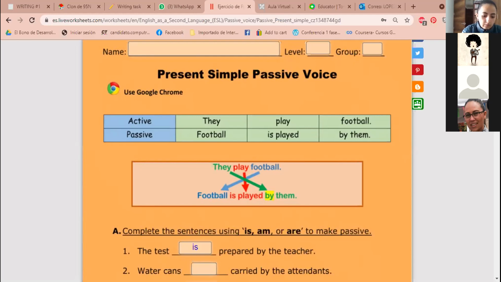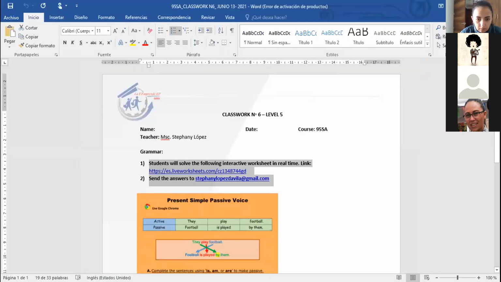A ver, en este momento. Okay, give me a second. Por aquí están ustedes.